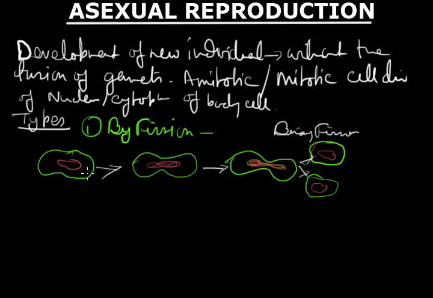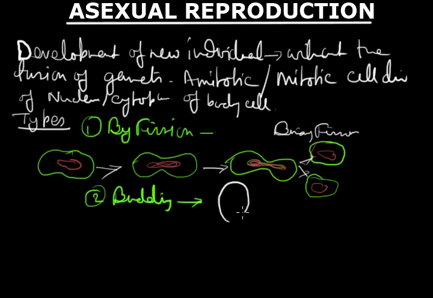Next, by budding. Budding is another process of asexual reproduction. What is budding? In certain unicellular animals and of course in fungi, the body gives out a small outgrowth known as a bud.